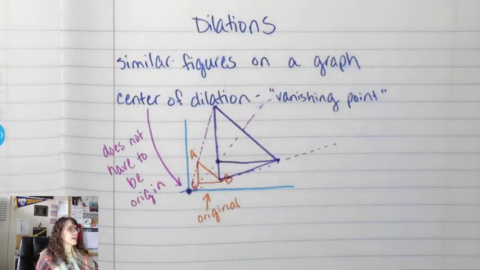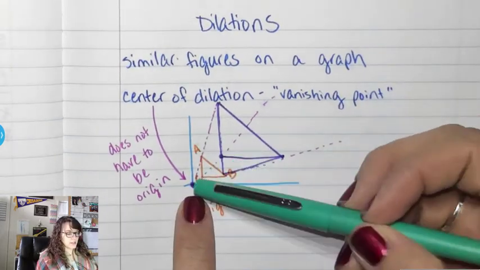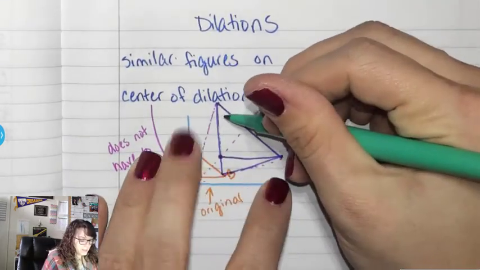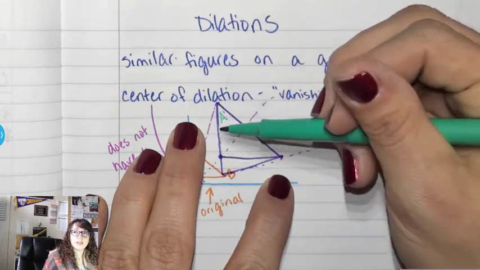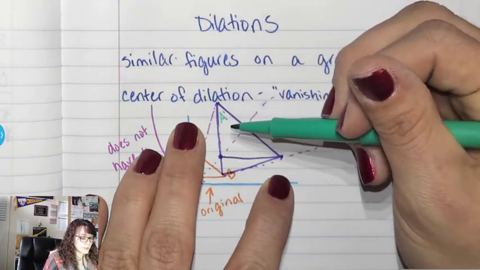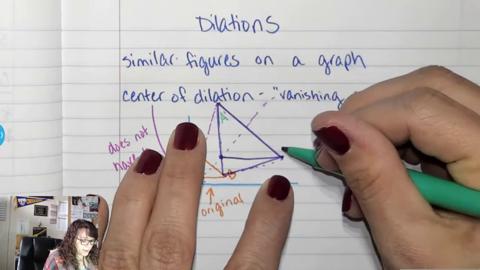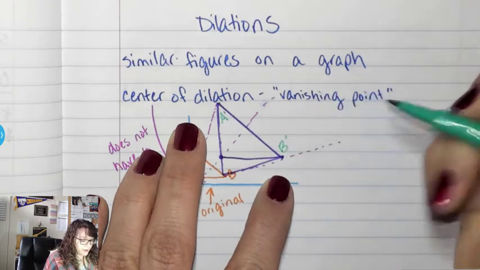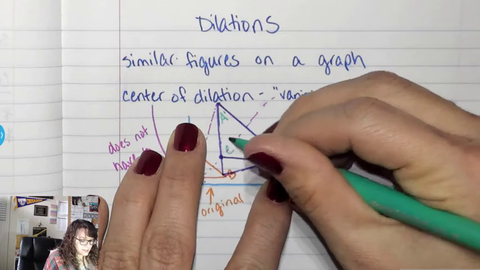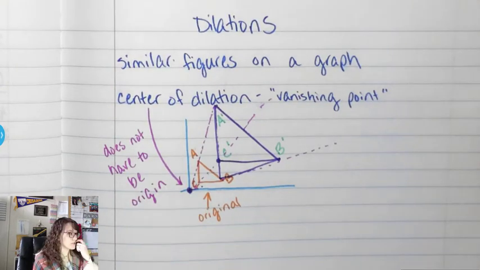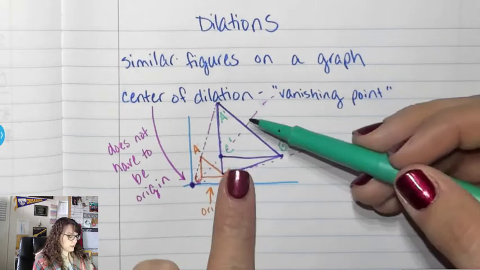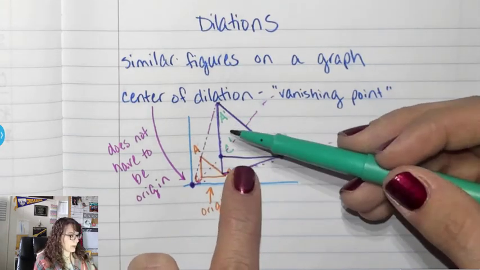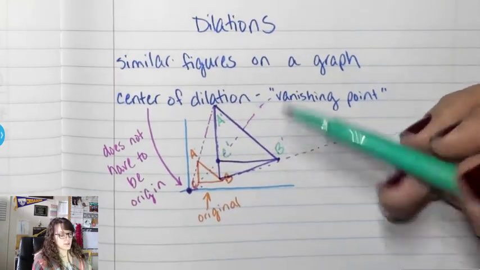Now our new triangle, so we had ABC. The new triangle gets a little apostrophe to show that it's the different one. We've done something to this to make it bigger or smaller. So it's A prime, B prime, C prime. The originals don't have an apostrophe. The changed ones have an apostrophe, so you know the difference.